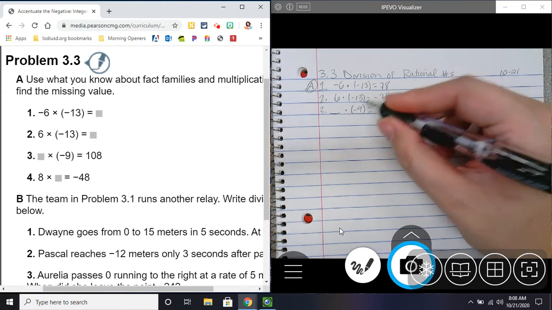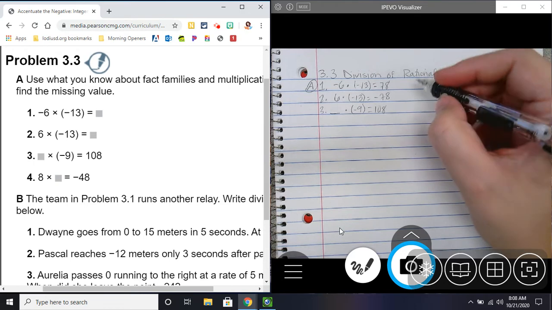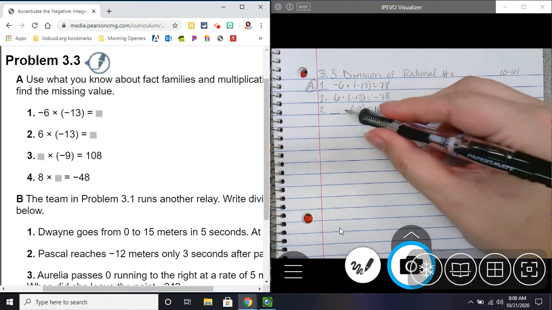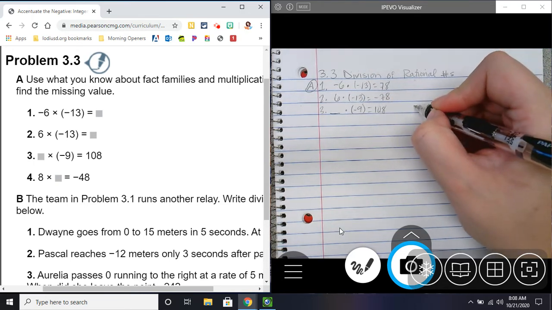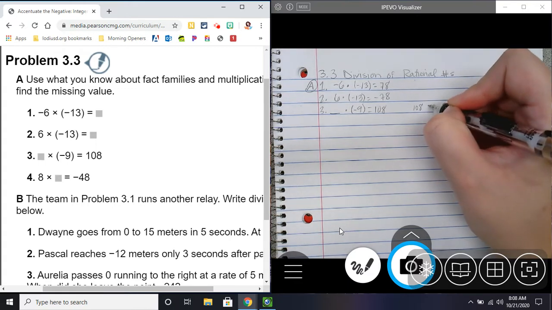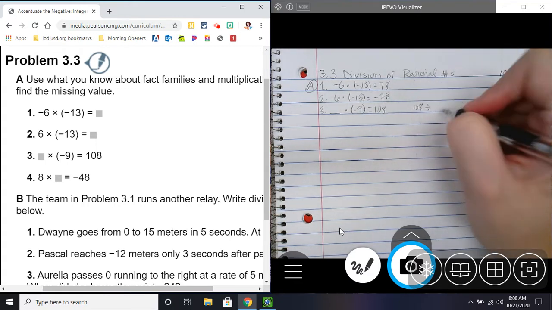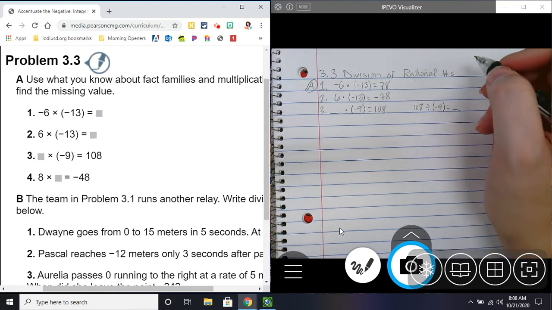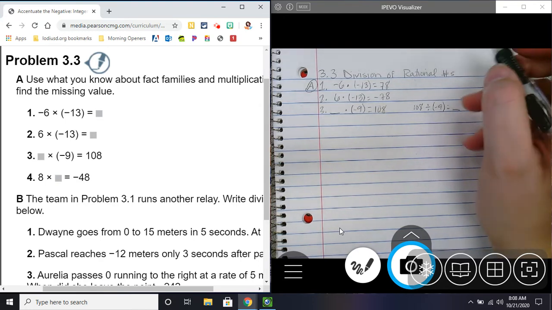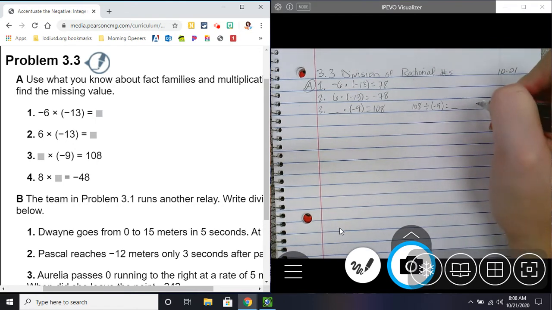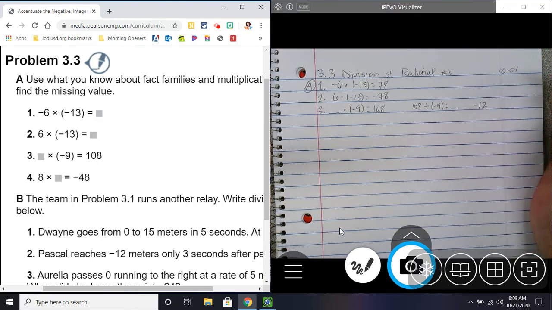You would use this number and this number, but you would write it in a fact family. So the opposite of multiplication is division. So you would say 108 divided by -9 equals what number? And then at that point, you would get -12.